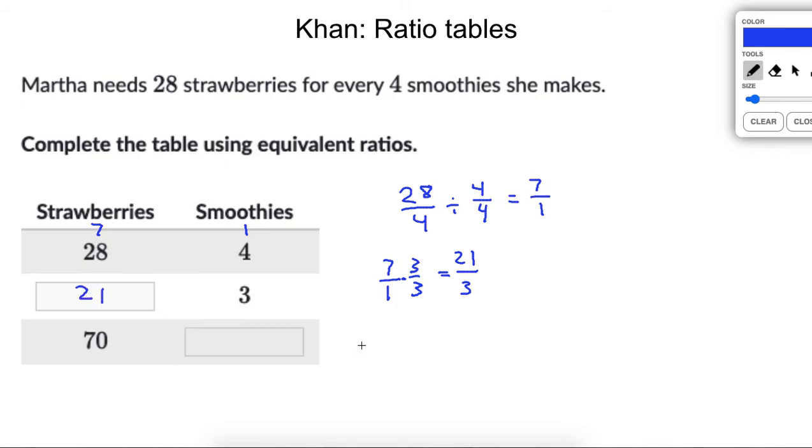Then on this next one, we've got 7 over 1 again. We need 70 though here. So we're going to use a giant 1 of 10 over 10, because that gives me 70 on top. So 1 times 10 is 10. So that's what we'd end up doing on there.